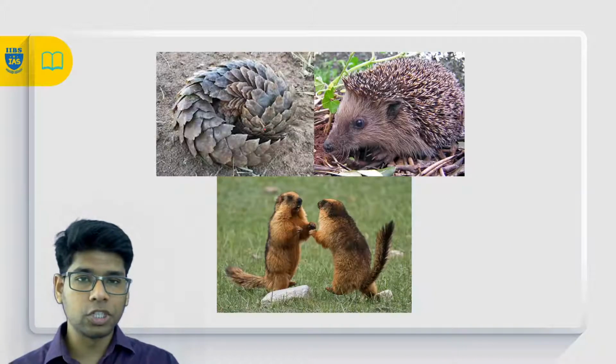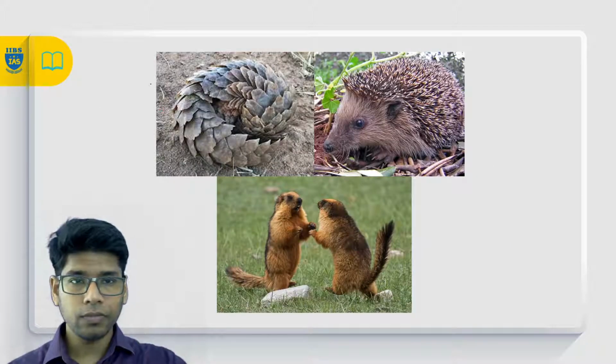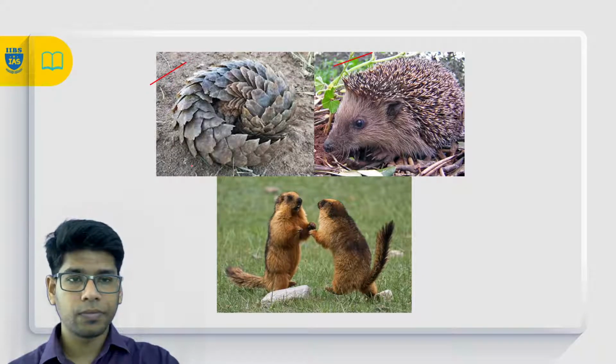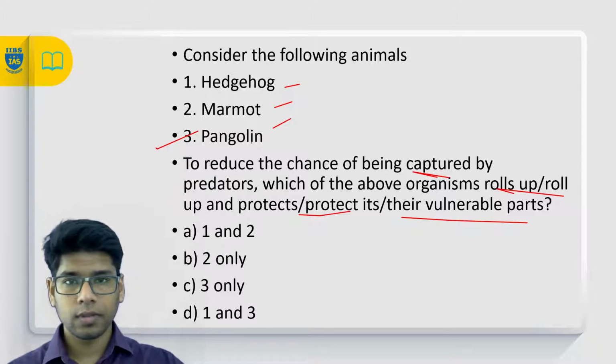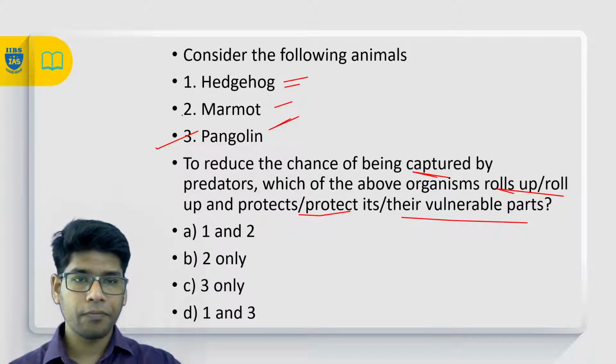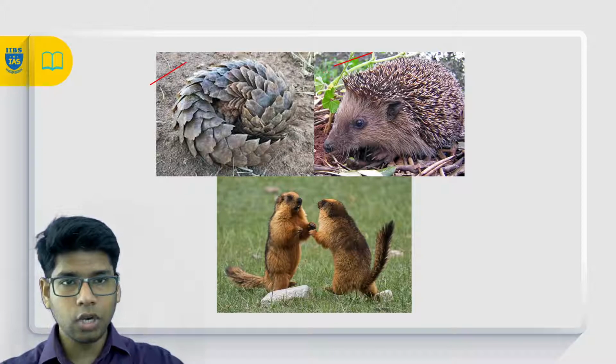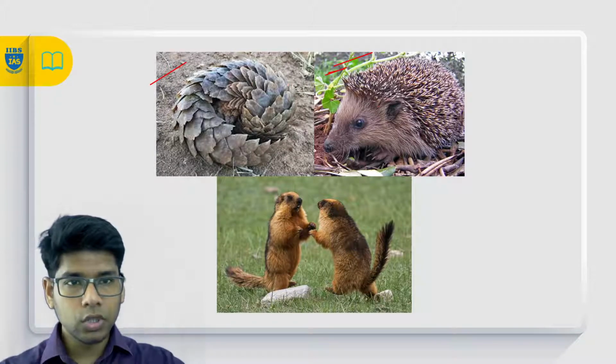You can see the pictures, right? You can see this, the hedgehog and the pangolin. This is the hedgehog and this is the pangolin. So they roll up.